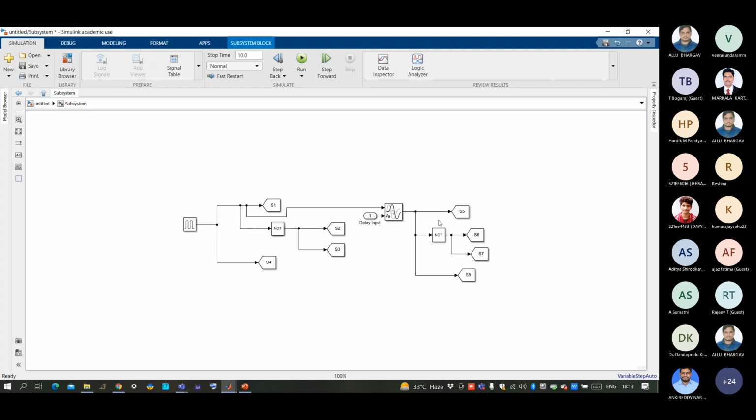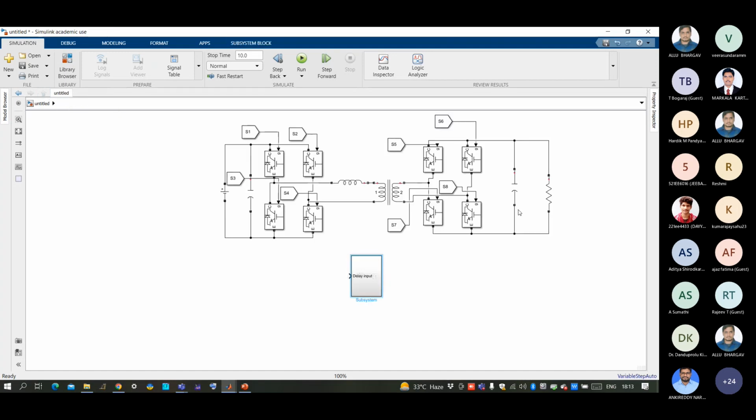Now we need to generate our delay. So how do we generate our delay? We'll sense the voltage and current. We will sense our output voltage. So we need voltage measurement.